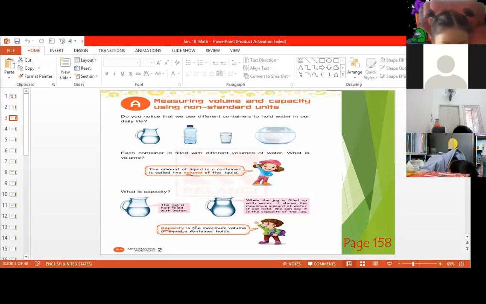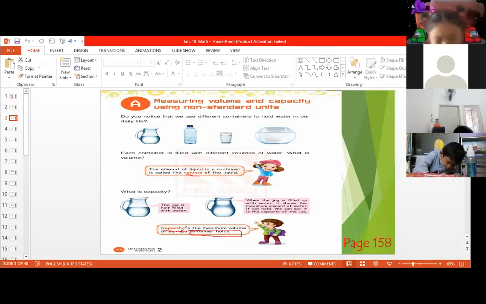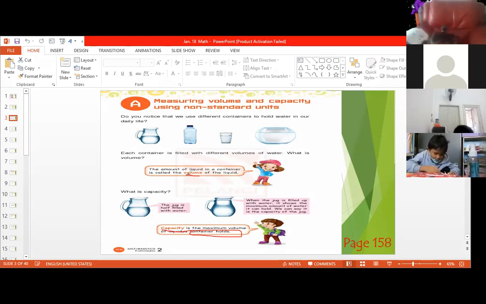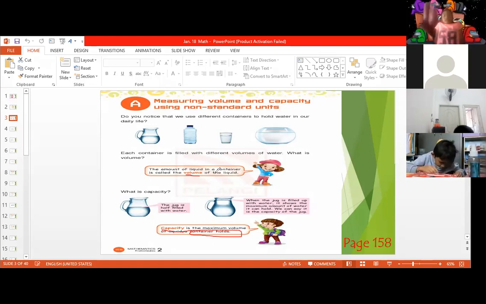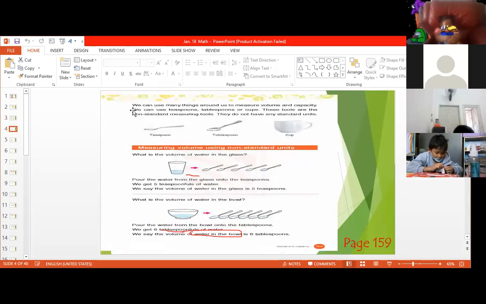So it pertains to how much the container can hold of liquid, and volume is how much liquid you put in the container. That is the difference between volume and capacity.